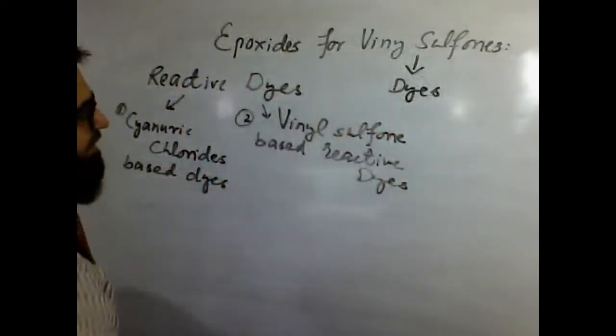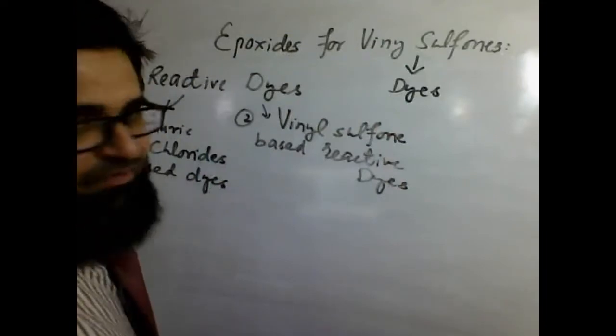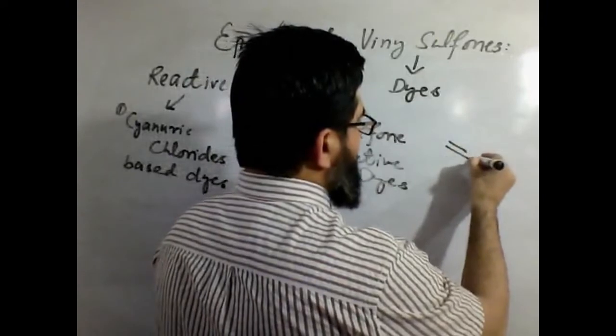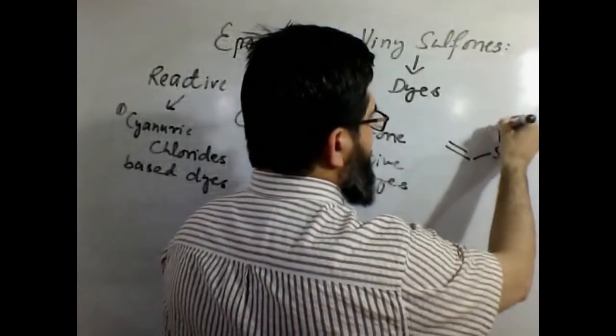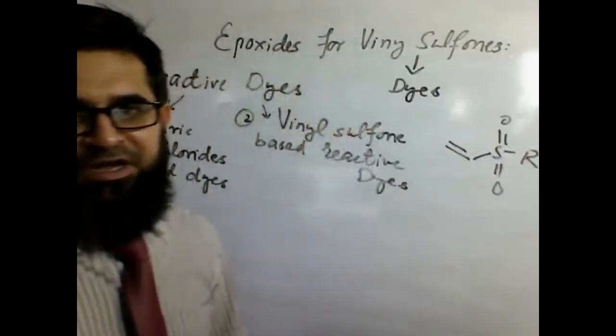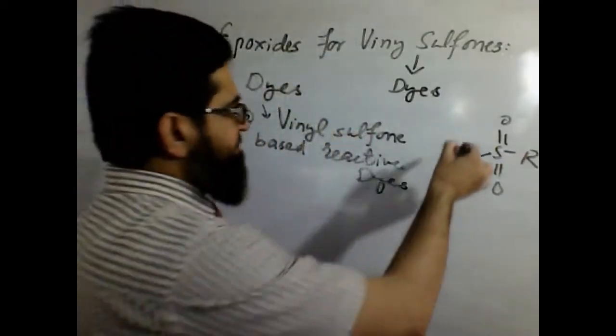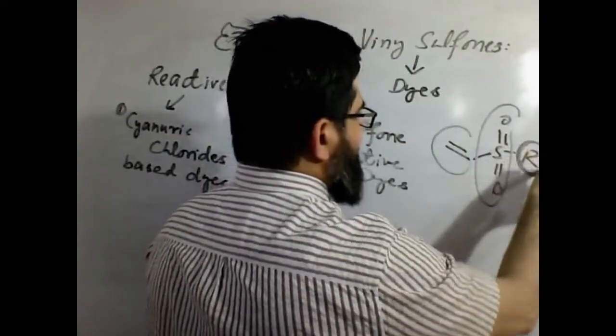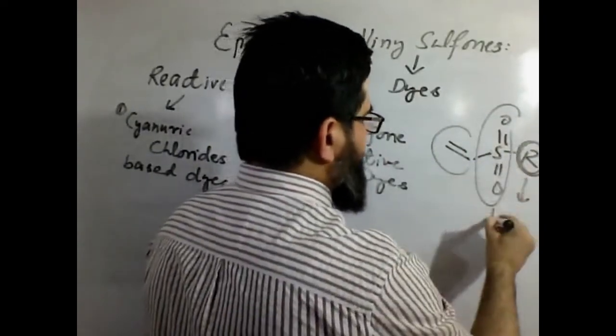Then I explained vinyl sulfone based reactive dyes. I gave you an example: this group is called vinyl sulfone. This is vinyl, this is sulfone, and in a very specific case this R could be some sort of a dye.